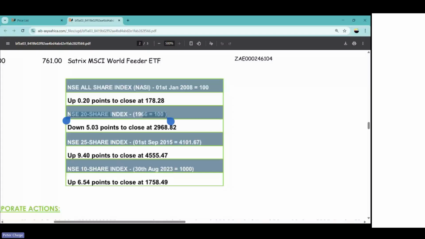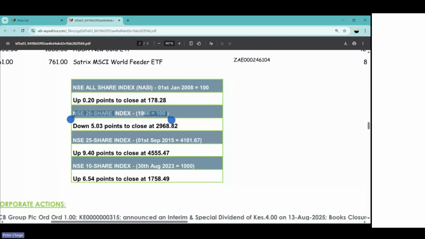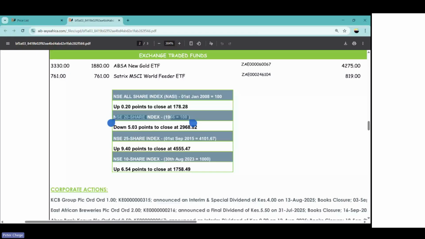If you notice it is going down by 20% over that duration, then you have a bear market. I hope that is clear. This is where you get the NSE 20 share index. You just need to compare over the period you are looking at to determine whether you have a bear market or a bullish market. Let's go back to the presentation.